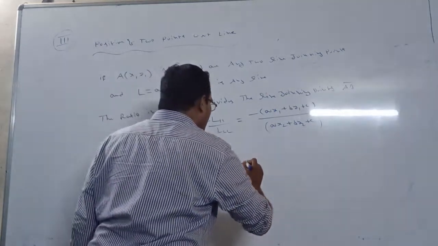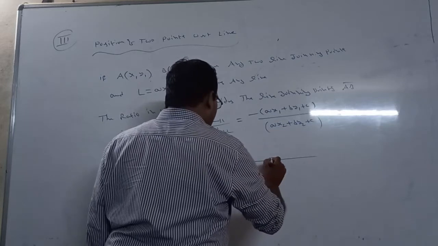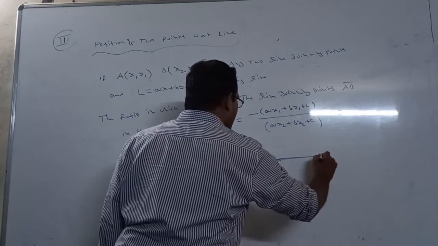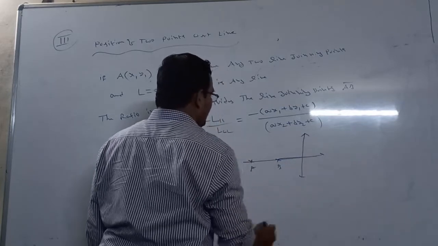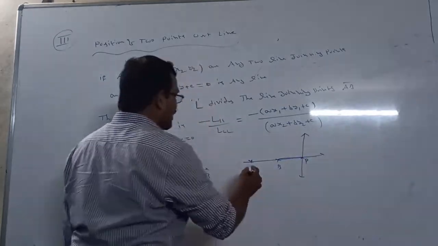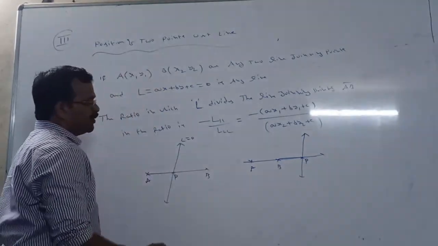One more. For example, A and B are two points and the line is external to the line joining them. Here, the ratio AP to PB should be negative.